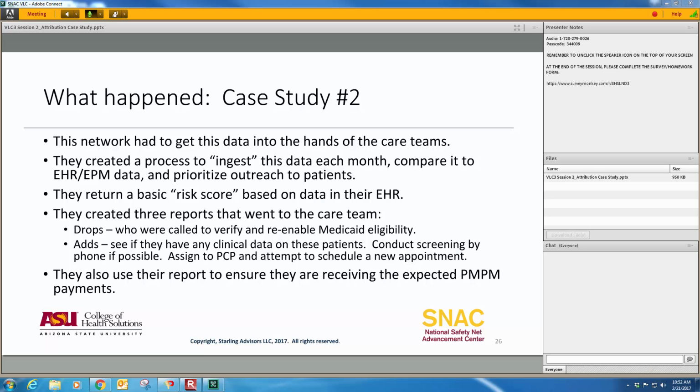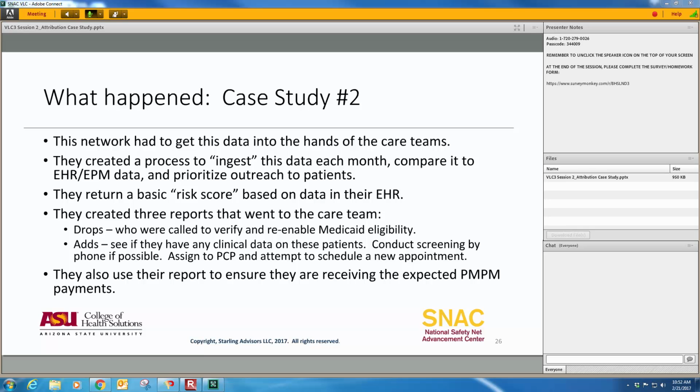They actually created a separate database for doing that, and it allowed them to quickly and efficiently take this data, load it into their database, and then compare it to the EHR and practice management data, which allowed them to do that prioritization and therefore support outreach to patients.